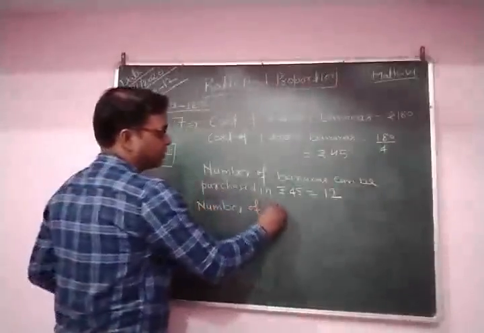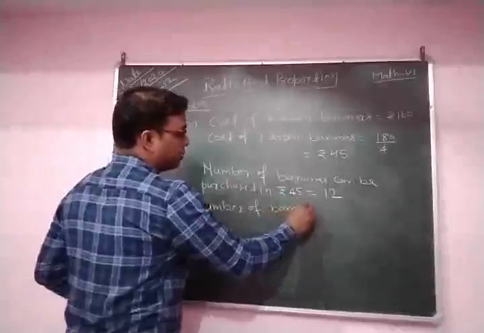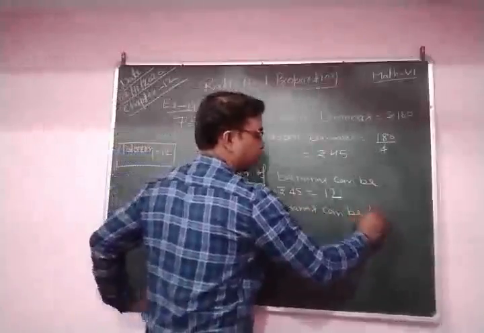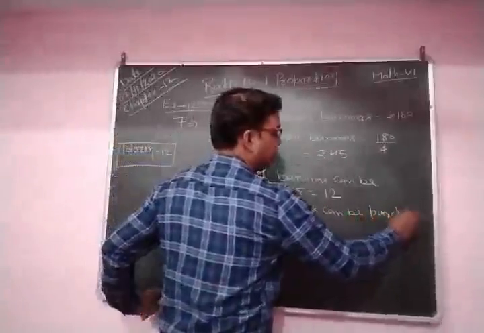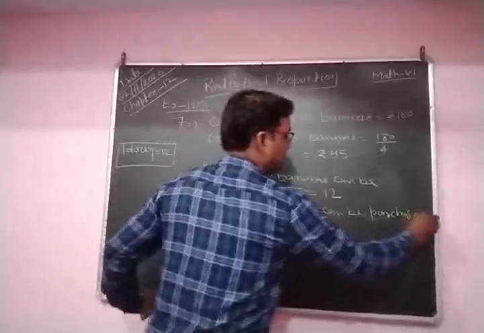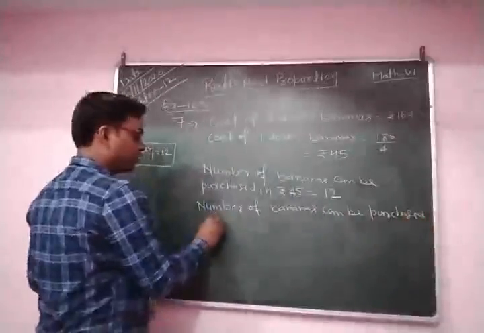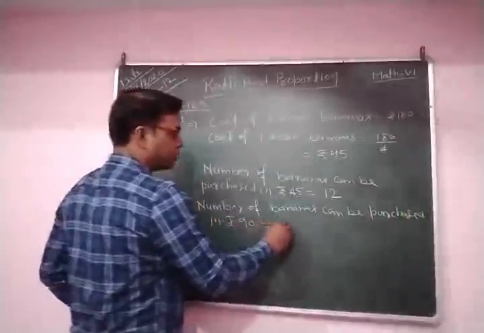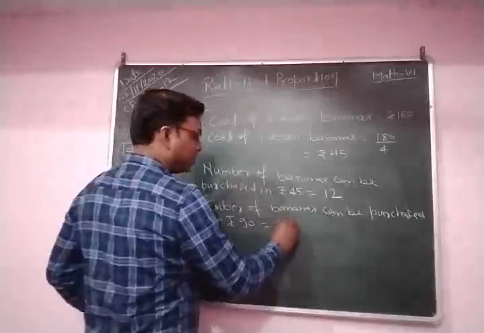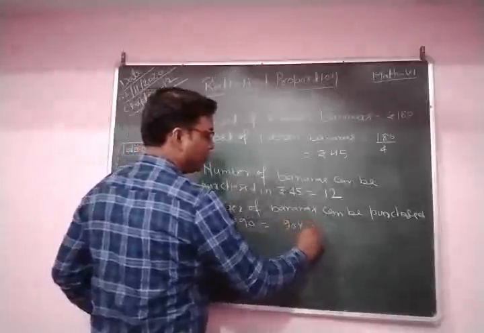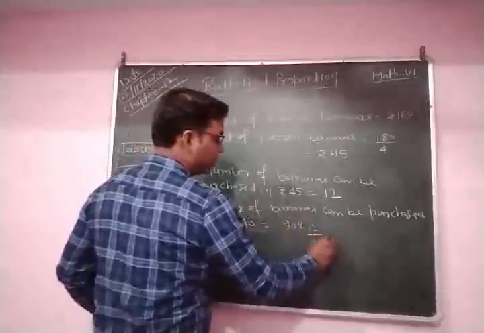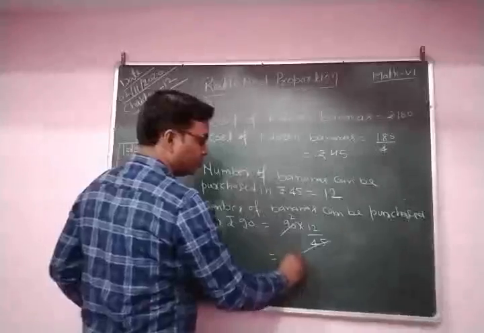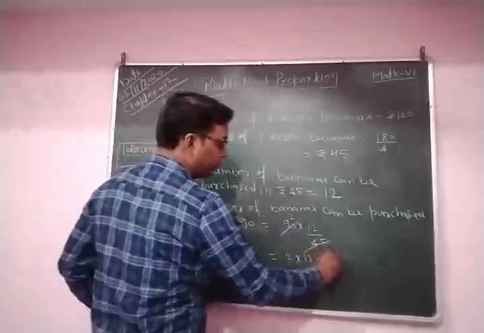So we write here directly that the number of bananas that can be purchased in rupees 90 is equal to, also you can write here, 90 into 12 by 45. If you cancel this, 45 goes into 90 twice, this is equal to 2 into 12, this is 24.